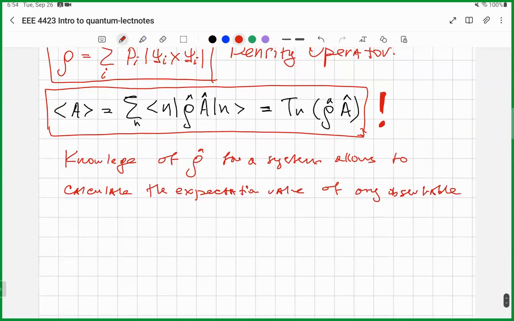A pure quantum system is described using the ψ vector. The mixed quantum system is described by the density operator.